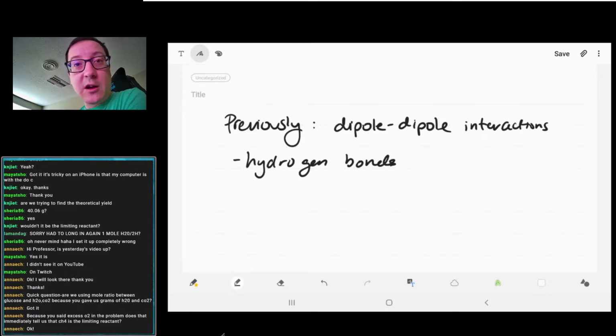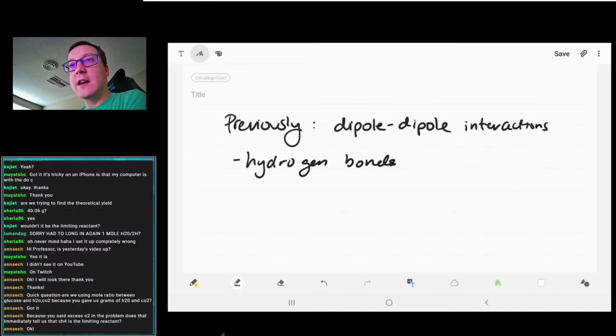And we also talked about hydrogen bonds, which were a special case of dipole interactions, where hydrogen is bonded to nitrogen, oxygen, or fluorine, something very electronegative and small. And hydrogen also being small, we saw that those become stronger than plain regular old dipole-dipole interactions.